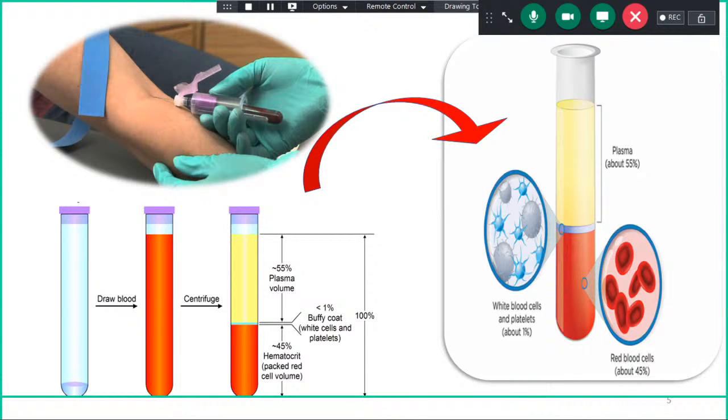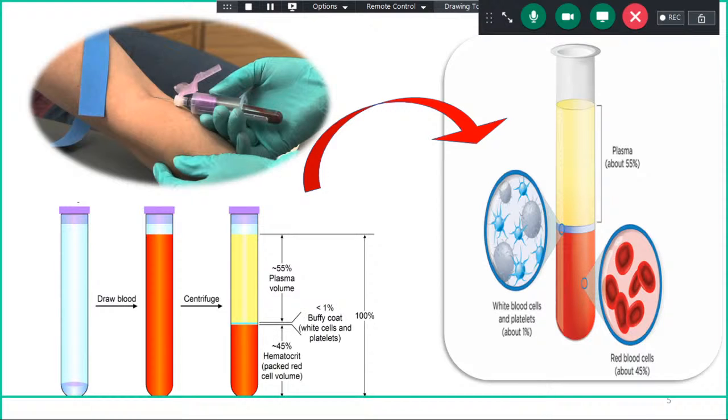So basically, the topmost part is plasma, which is mostly fluid having more than 90% of water and almost 8 to 9% of solid constituents. In the solid constituents we have protein, different biomolecules, enzymes, hormones, etc. These are all part of plasma.